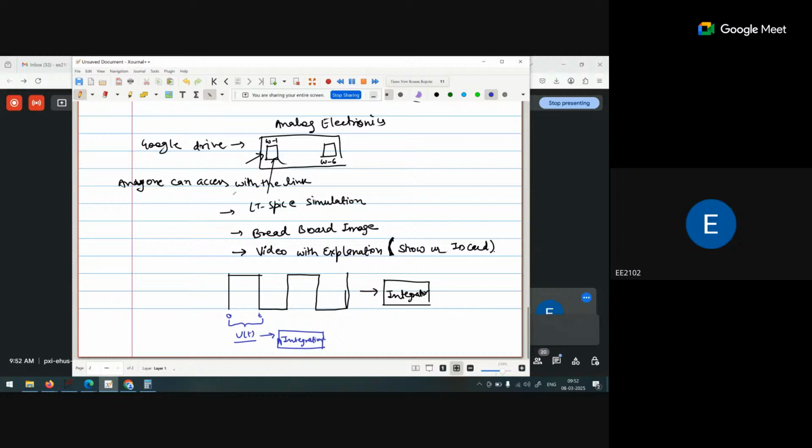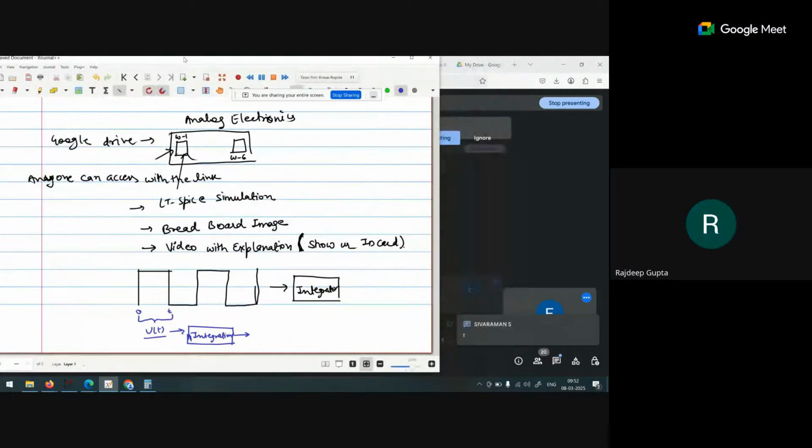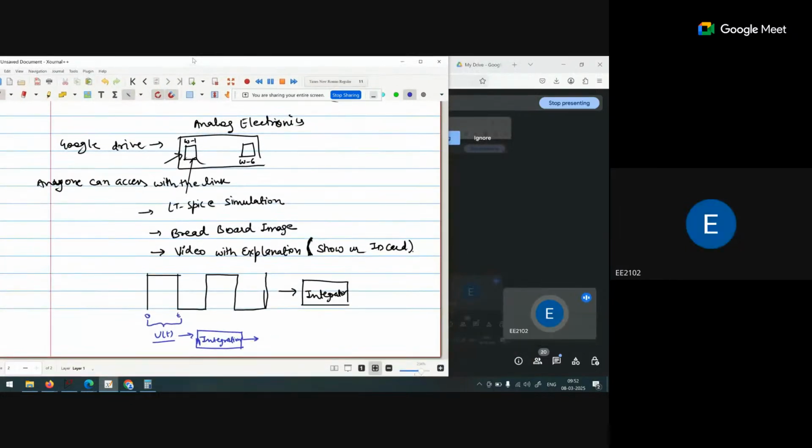Any idea? T, sir. T, that is basically the ramp signal. Okay. The u(t) signal integration is the ramp signal. So for 0 to T, it will be t.